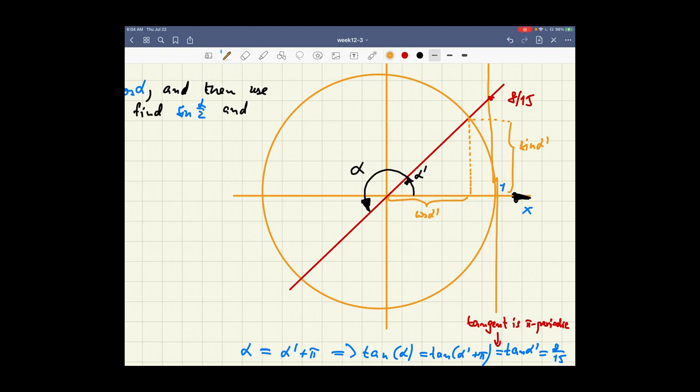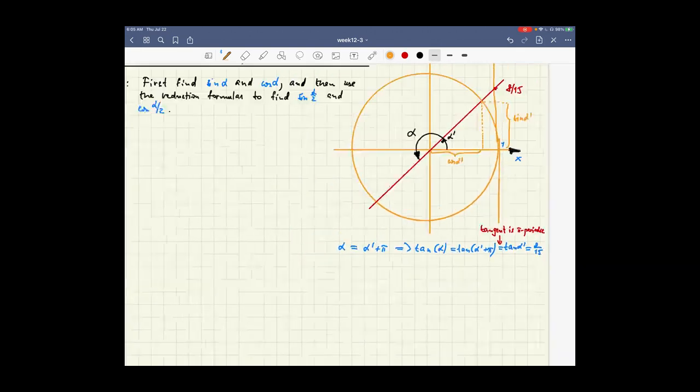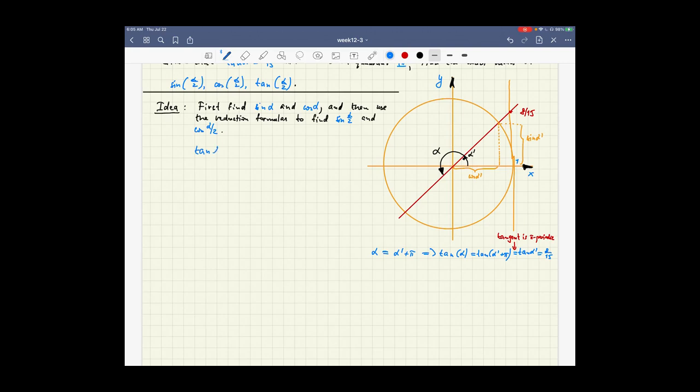We know their ratio. Sine of alpha prime over cosine alpha prime is 8/15. So we have that tangent of alpha prime, being sine of alpha prime over cosine of alpha prime, is 8/15.